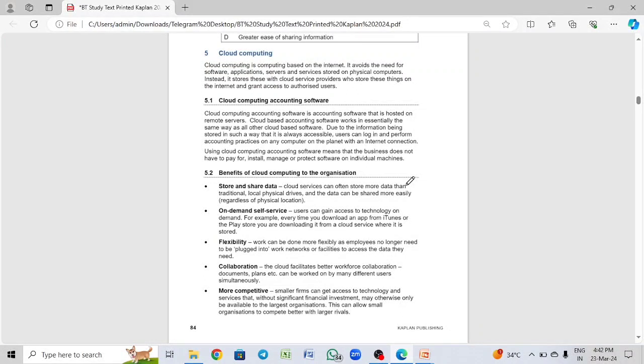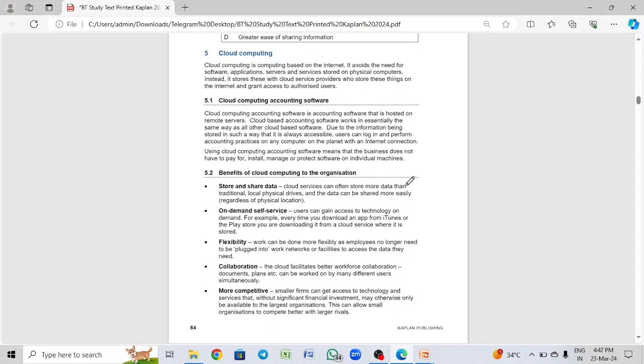Whenever we demand information, it is with us, right? It is flexible. We just need a computer system or an internet connection to access Google Drive and information. Then collaboration: we can simply work with other users simultaneously, because all the people have similar information, so the information can be used easily.